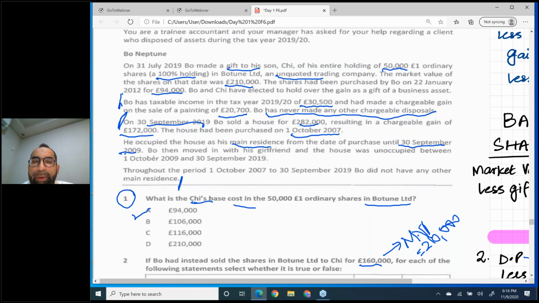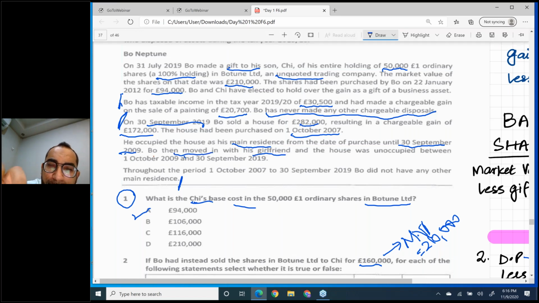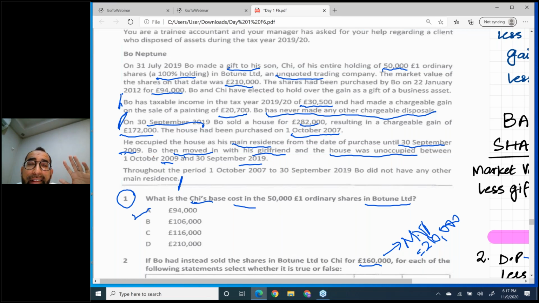Now, a very technical point. Bo then moved in with his girlfriend, and the house was unoccupied between 1st October 2009 and 30th September 2019. That means he didn't come back. He went to another country with his girlfriend, and then he called on the phone and sold the house.